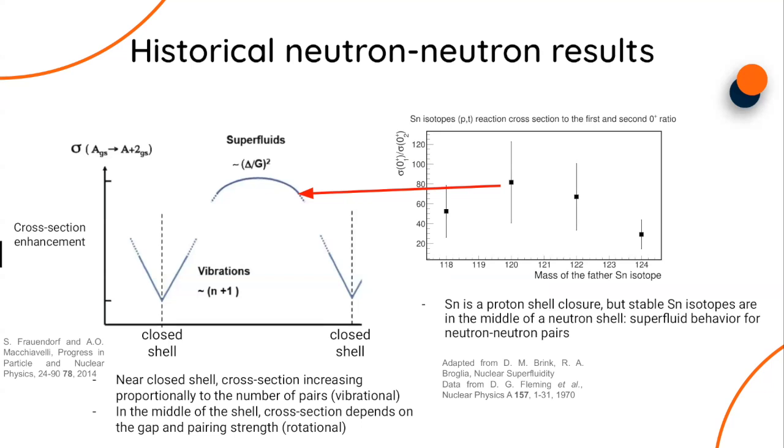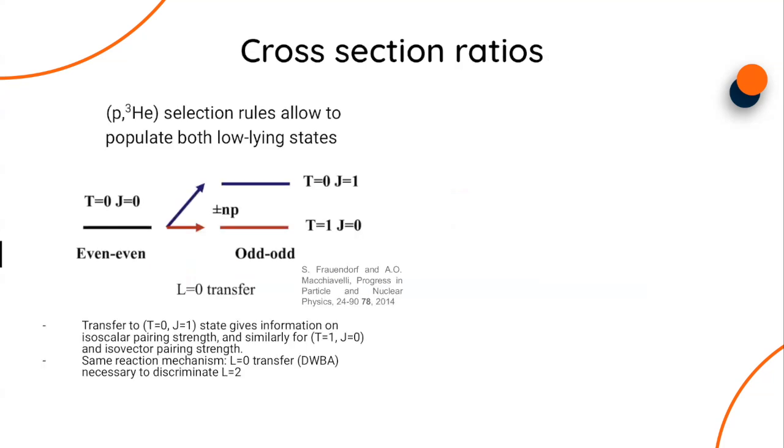Okay, so we are showing that for neutron-neutron pairing, we seem to have some effects that are possible to probe with two-nucleon transfer. What we're interested in is doing cross-section ratios, but now between the two different types of pairing: the isoscalar state and the isovector one. The idea is to use the p-helium-3 reaction, because its selection rules allow us to populate both low-lying states at the same time with the same reaction.